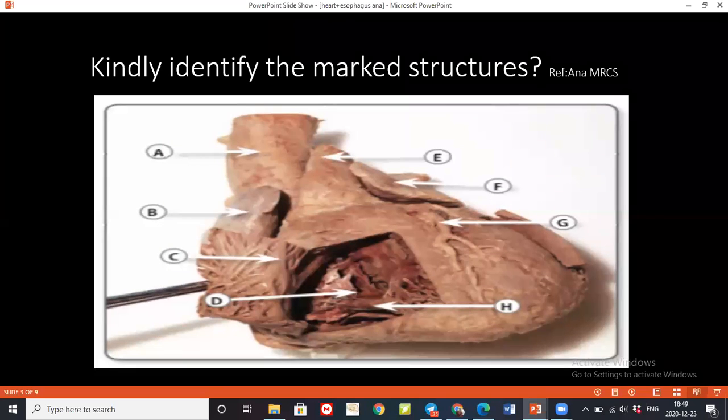As a whole, both of these procedures can cause damage to what? The atrial or ventricular wall and the coronary artery. Okay, coronary arteries and atrial and ventricular walls. Yes, very good.